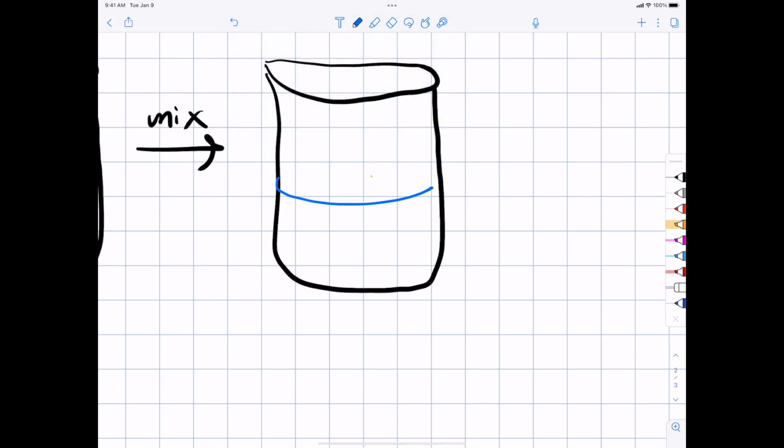I think in this case, well, that's interesting. Water's more dense. So you would have a layer of water on the bottom here, and then you'd have a layer of gasoline on the top, and lo and behold, they don't actually mix with each other. There's actually an interface between the two that you can see.